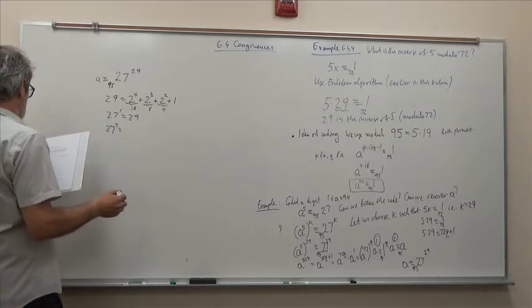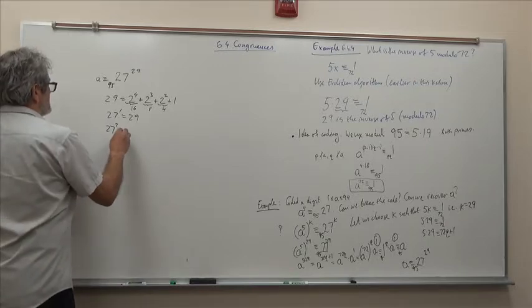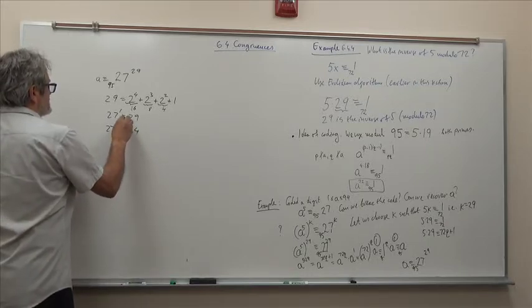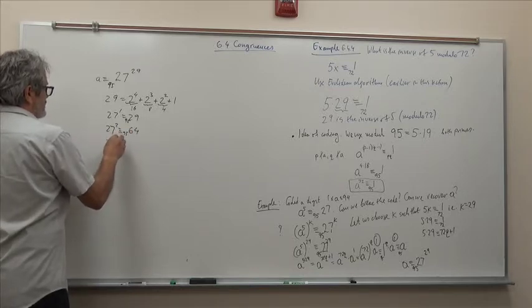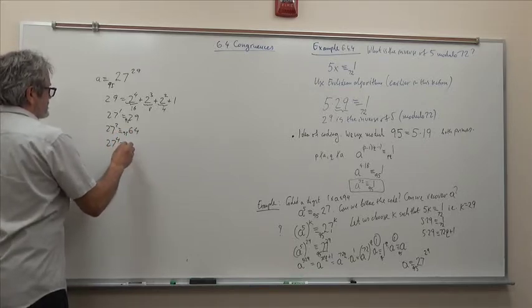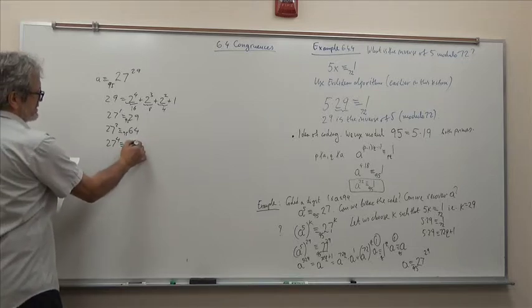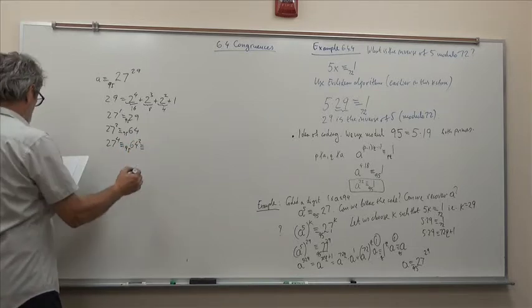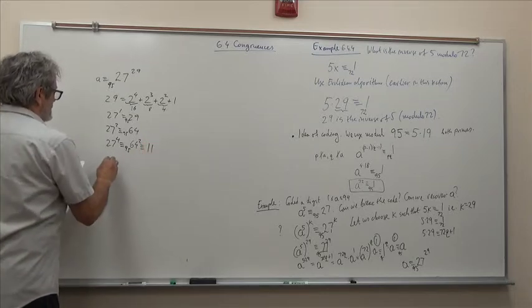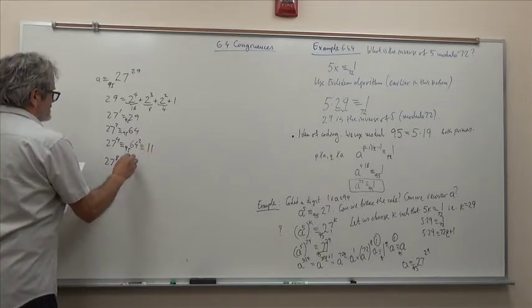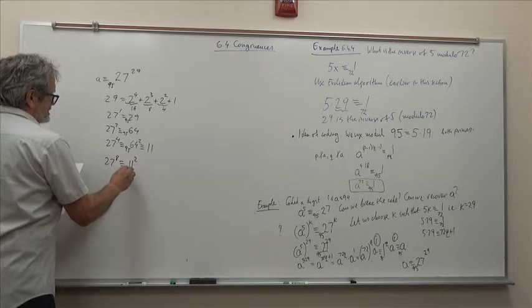27 squared is congruent with 64 modulo 95. 27 to the 4th is congruent modulo 95 to 64 squared, and that gives me 11. 27 to the 8th is congruent with 11 squared modulo 95.